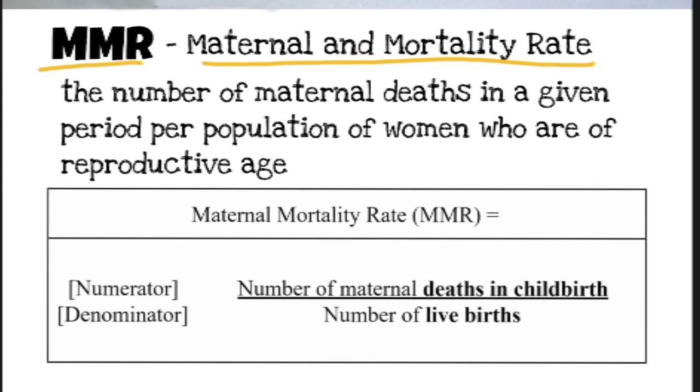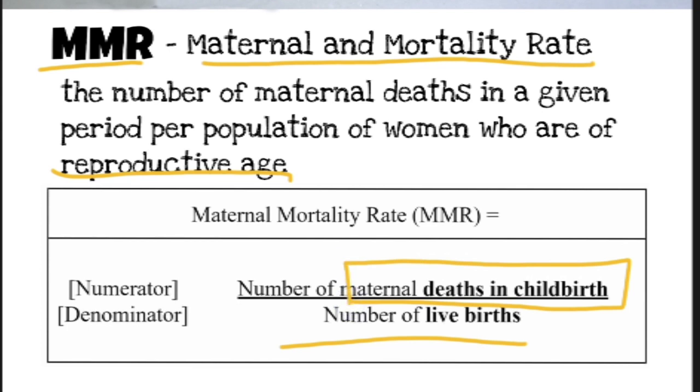It is calculated by the number of mothers who died during childbirth upon the number of living mothers in reproductive age. If we divide the number of dead mothers by the number of living mothers, we will get MMR.